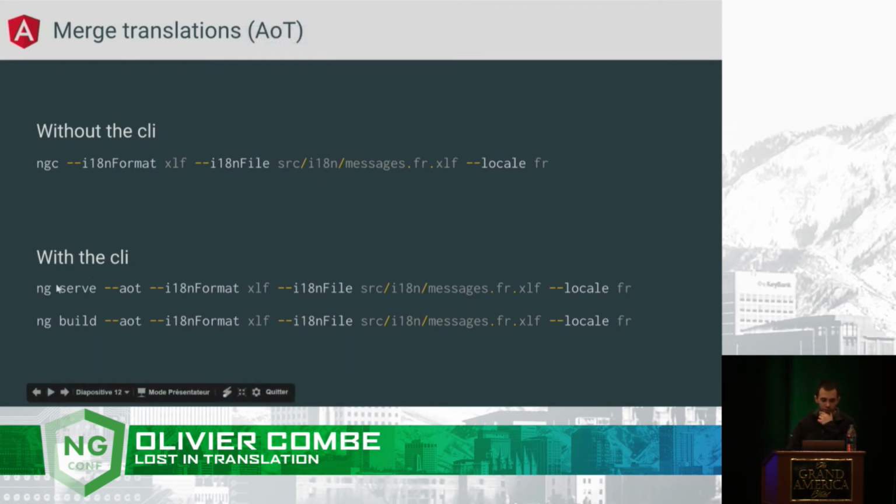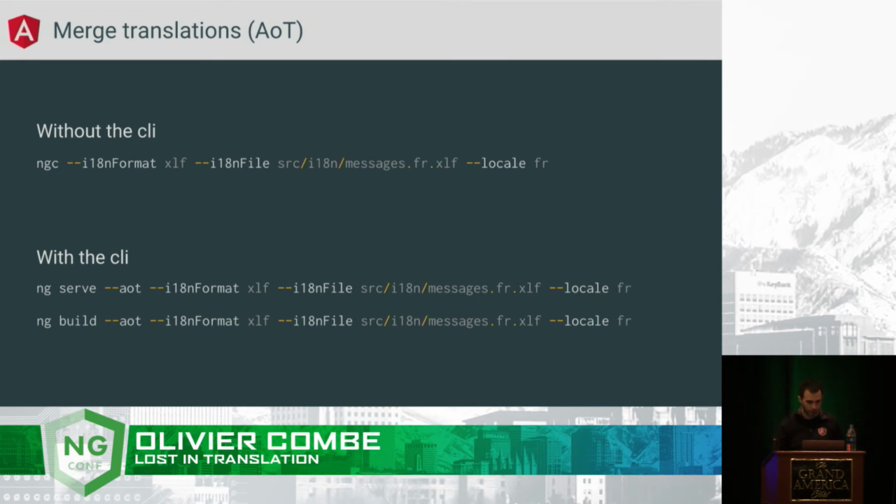You can actually serve your application with AOT. That means that you can change those commands that you will give to ng serve, so that you can change the file and the locale with the CLI. So this means that you can create a script for each language if you want to serve this application when you test in each language.